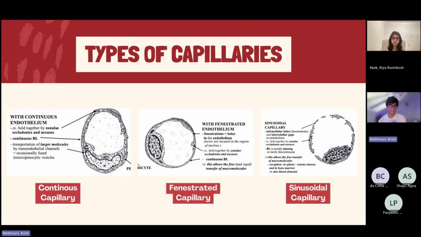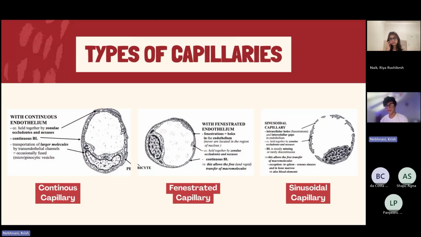Fenestrated endothelium capillaries, however, have fenestrations in the endothelium. They still have the zonulae occludentes and nexuses, but the fenestrations in the endothelium provide a more uncontrolled transfer of macromolecules compared to the continuous type of capillary.